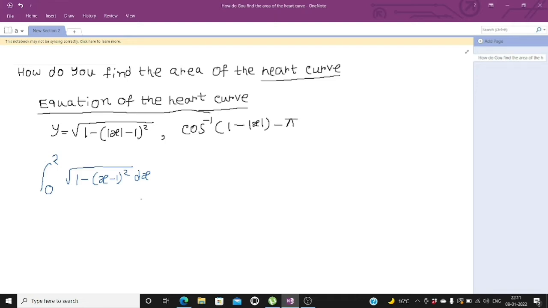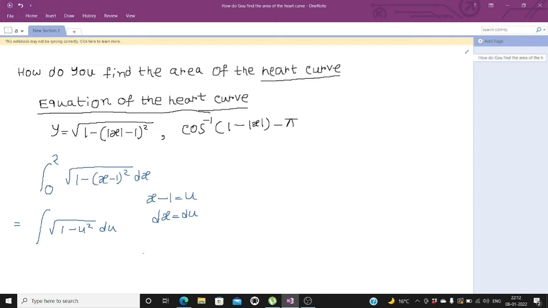The first thing we can do is put x minus 1 as, say, u, then dx equals du, and then our integration simply changes. I will come to the limit part after some time. Now if we change the variable of integration, it becomes simply root of 1 minus u squared du.